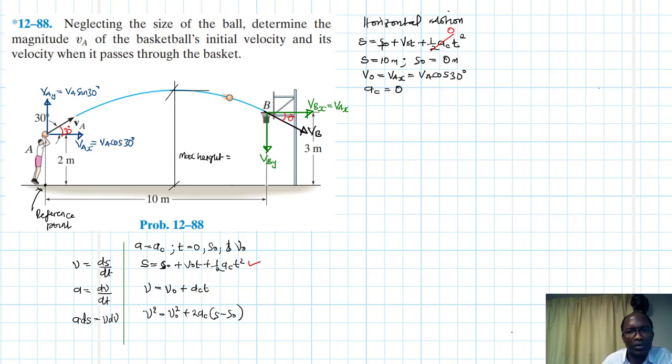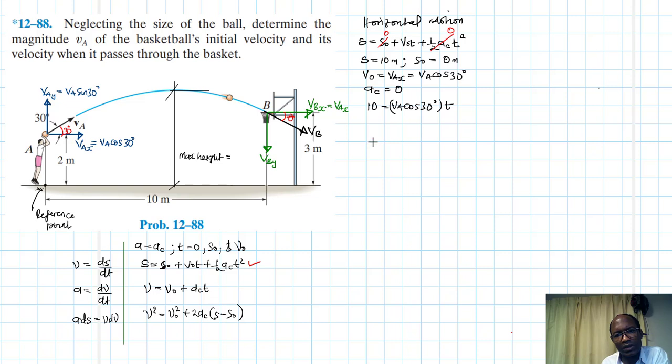Our equation becomes 10 equal to V naught, which is just VA cos 30, times T. This is one equation.